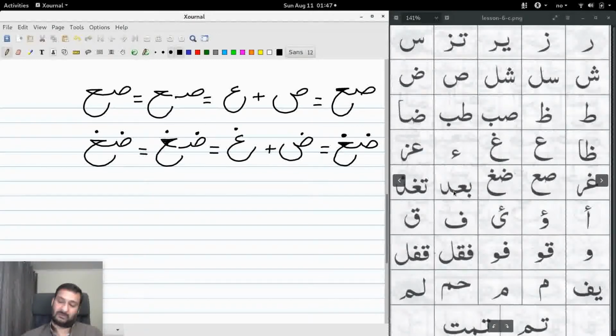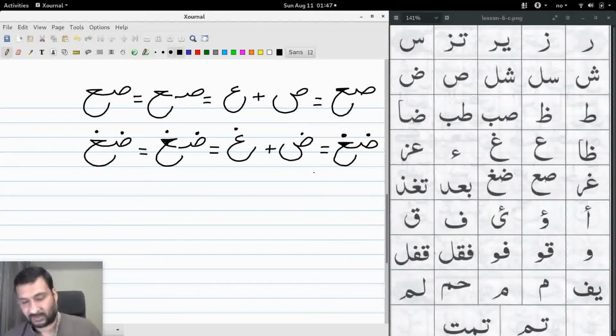So this is Ba Ain Dal. So Ain now is in the middle of the word, right? We have already seen in the previous lessons, Ain was in the beginning. Now in this example above, these two lines, Ain and Ghain are at the end of the words, but now we will see Ain in the middle.